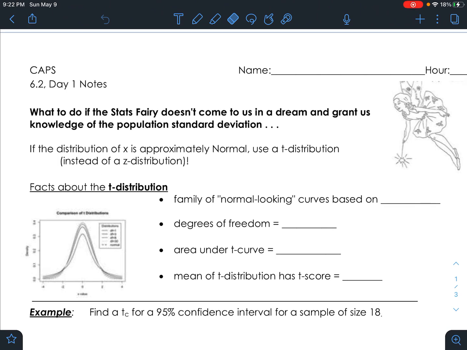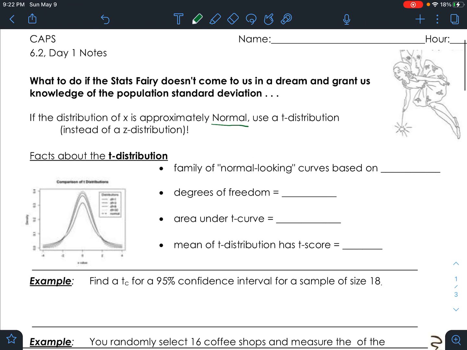The situation goes, what if we do not know the population standard deviation and we have a small sample size? If the distribution of x is approximately normal, and that's the key part here, it needs to be approximately normal, we can use a t-distribution instead of a z-distribution. So, facts to consider.